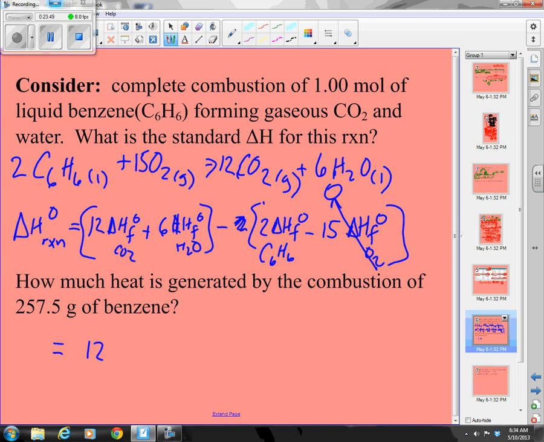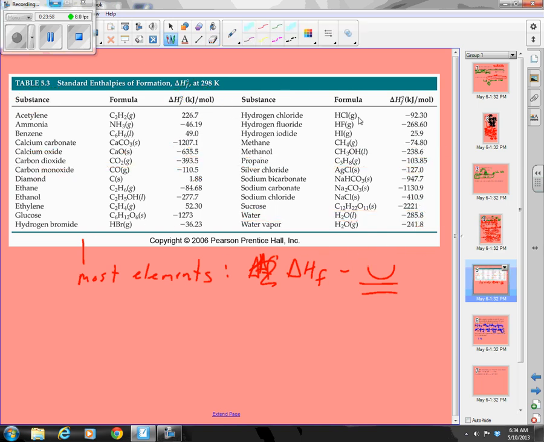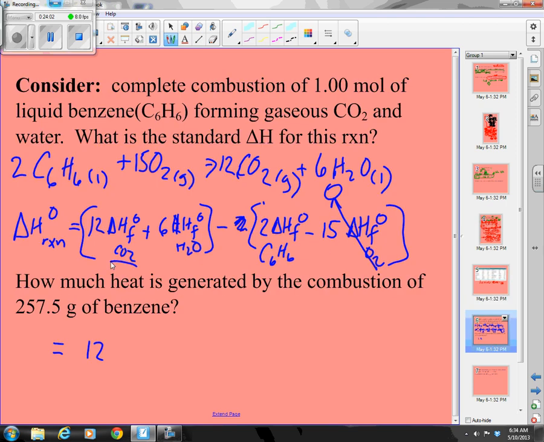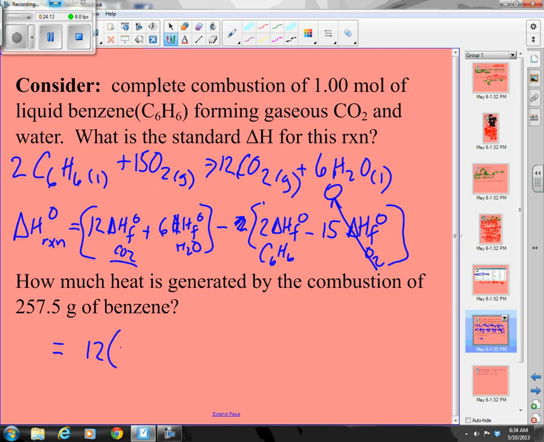Good. So let's go rewrite this. Let's go to our beautiful table. We need to clean that up so I can see what I'm doing. It was 12 times what? 12 times carbon dioxide. CO2 is negative 393.5 kilojoules per mole.